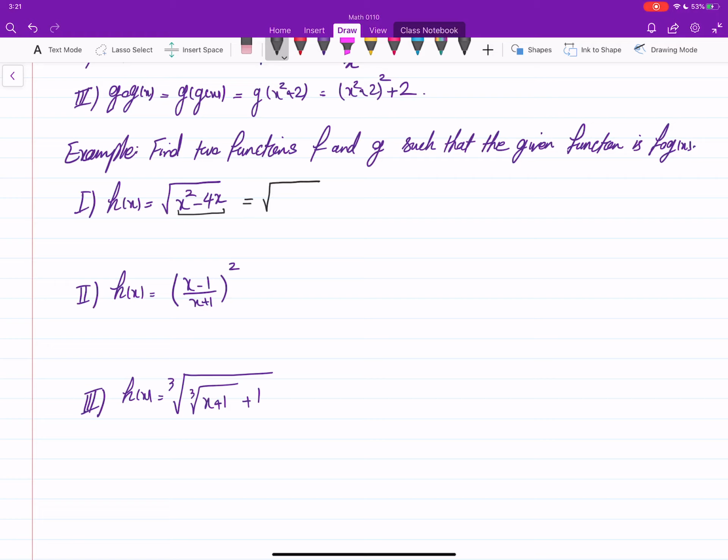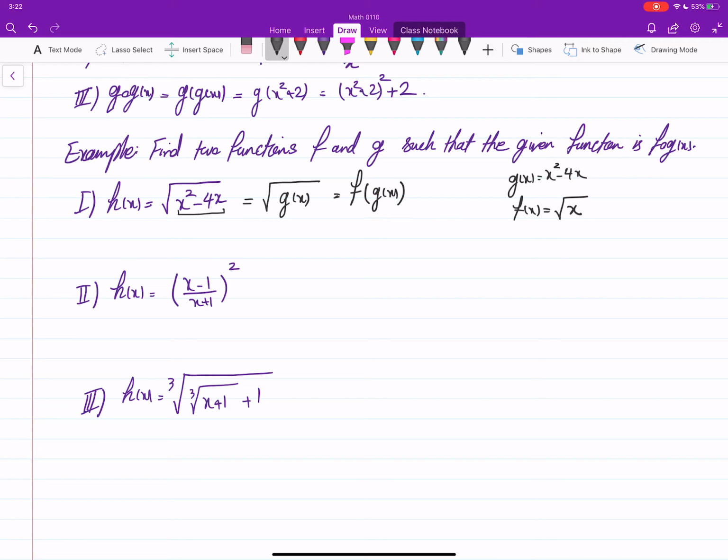If under the square root we take it as g of x, so under the square root is x squared minus 4x, and if we take f of x to be the square root of x, this means that we have found f of g of x.